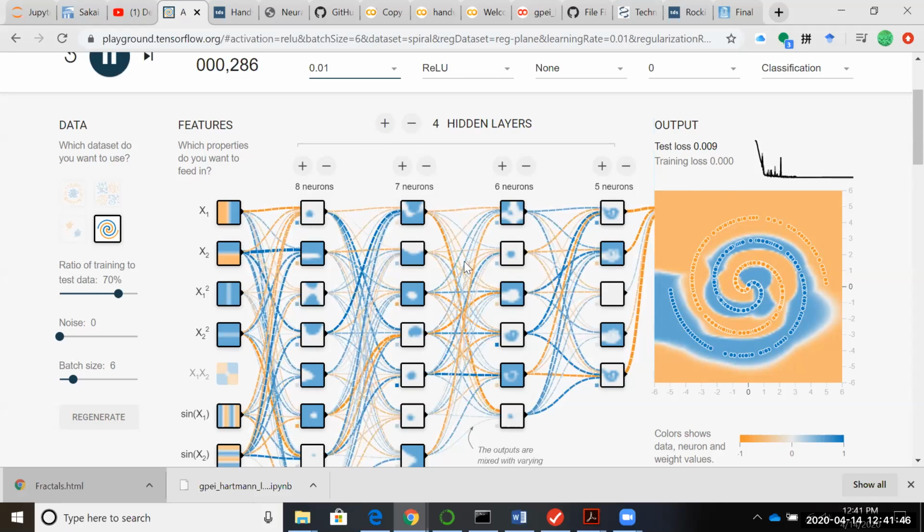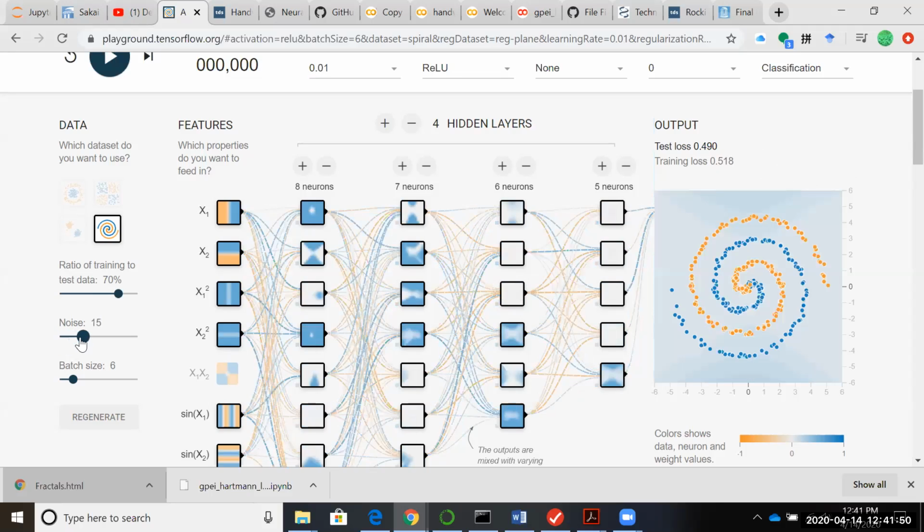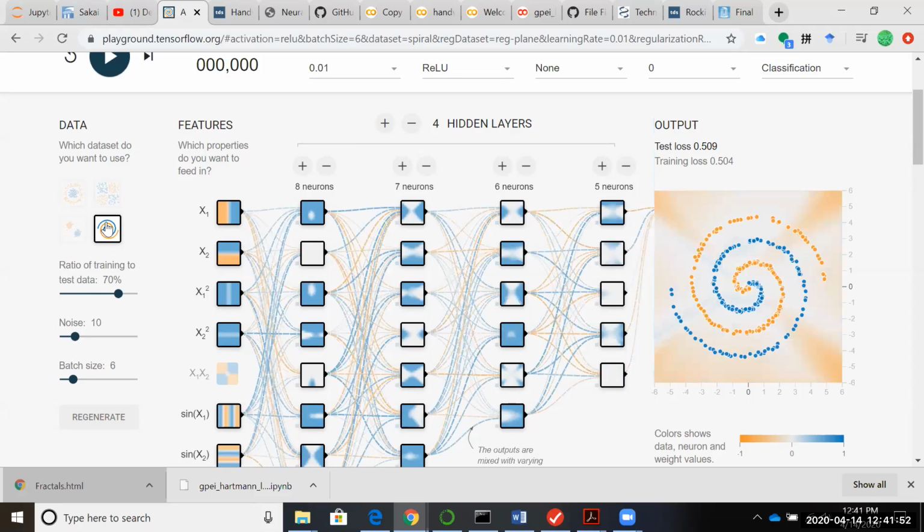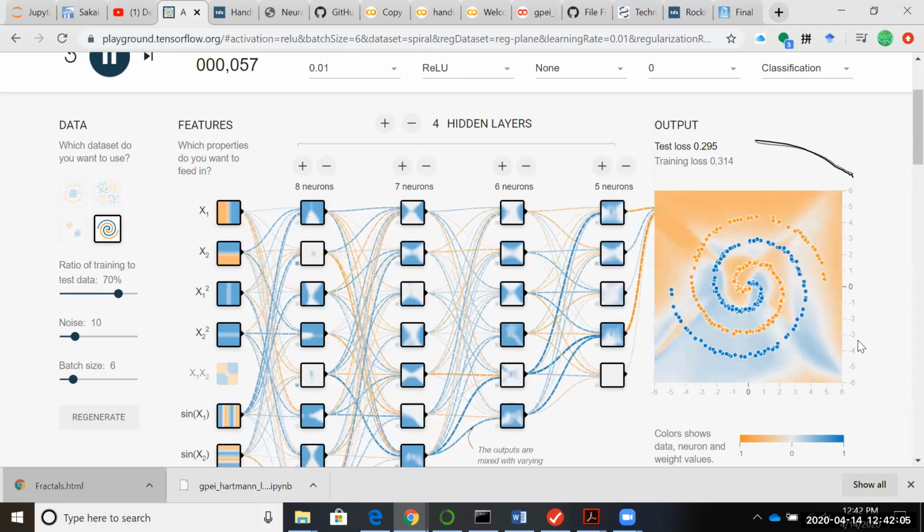I don't know whether putting in noise will make a difference. I guess noise will make it harder. It just takes longer with a low learning rate. I didn't try it with noise.